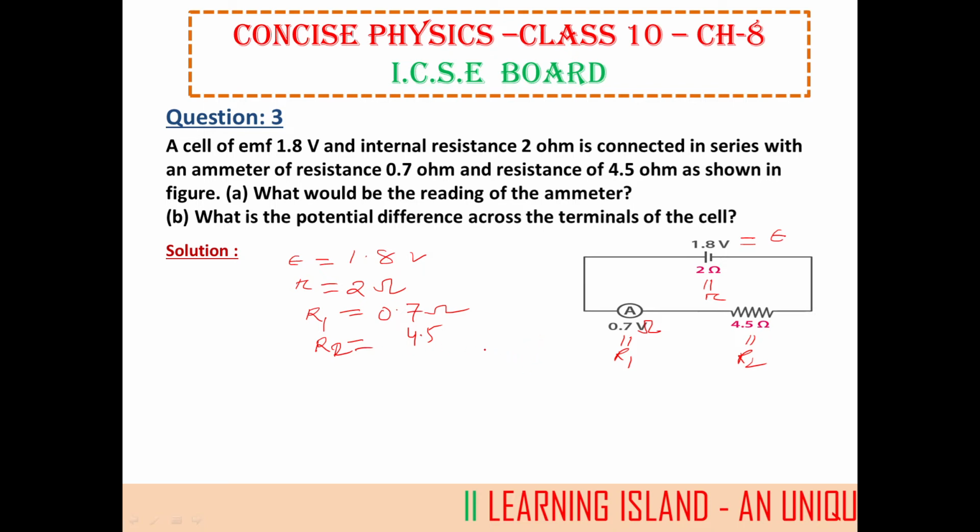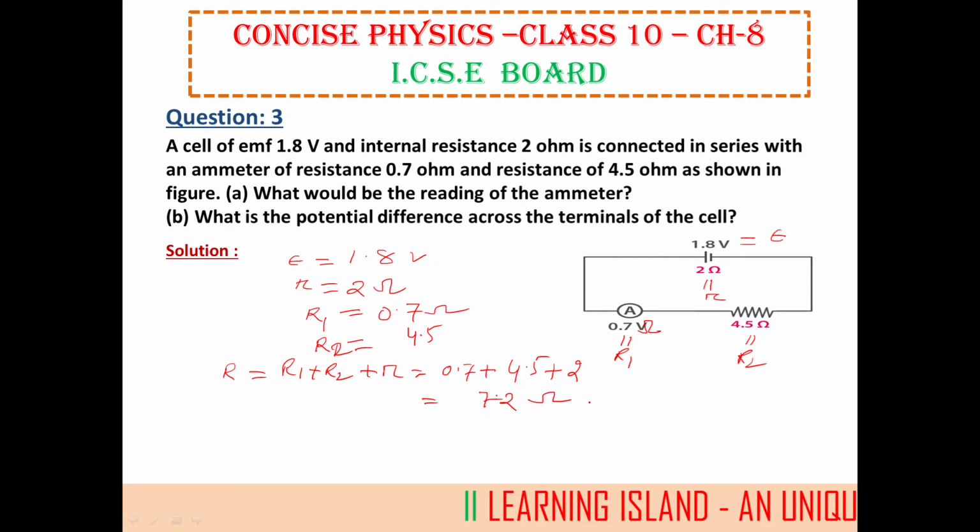Because all these are connected in series, the total resistance R will be R1 plus R2 plus small r. That is, R1 is 0.7, R2 is 4.5, plus 2 ohm. So if I add, I will get 7.2 ohm.